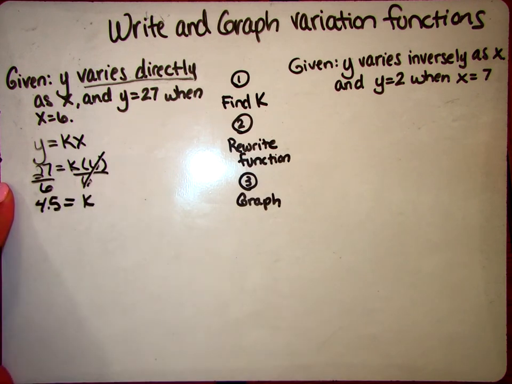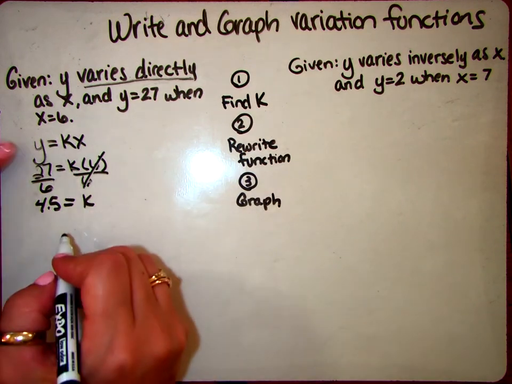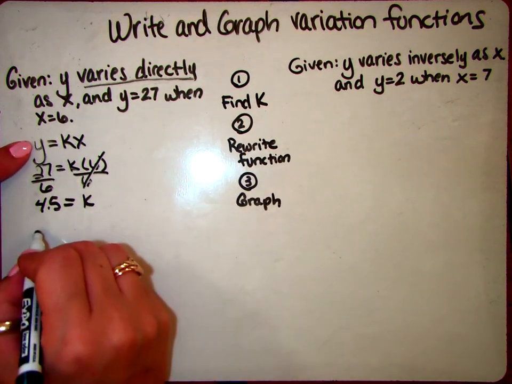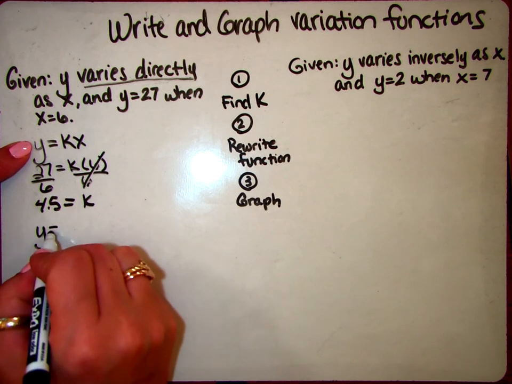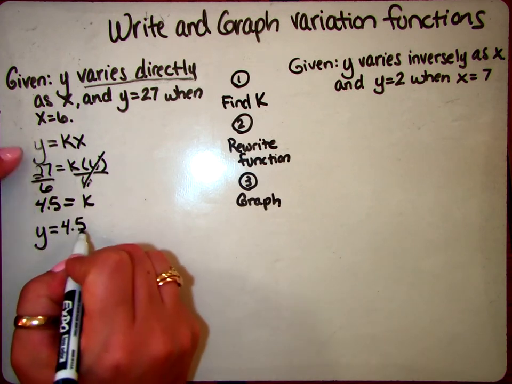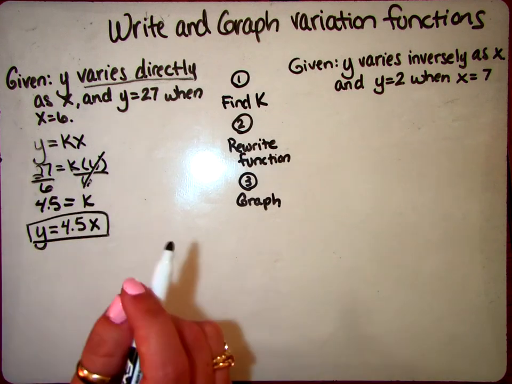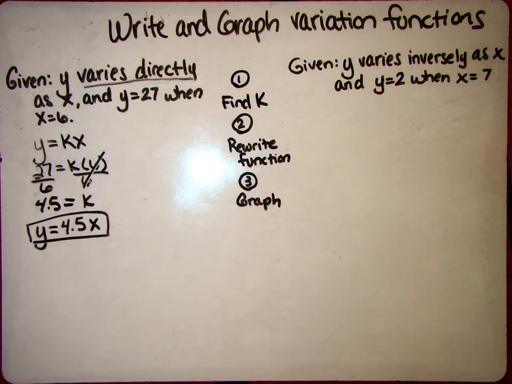Found my k. Second step, rewrite the function. I'm going to use my original equation, but I'm going to replace k with the 4.5 I just found. That's our step two. Now, think about 4.5 as the rate of change.